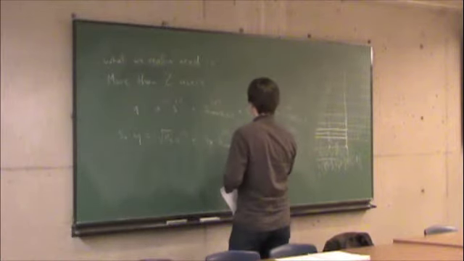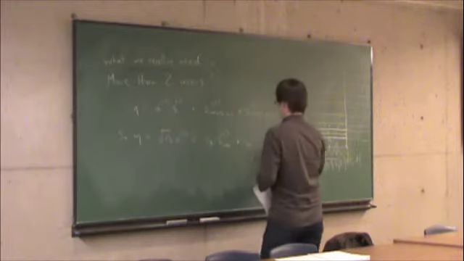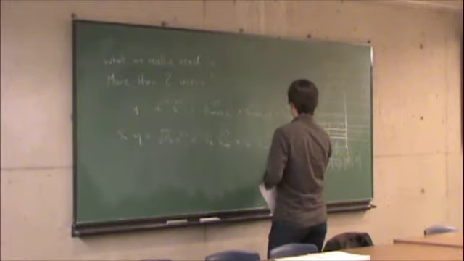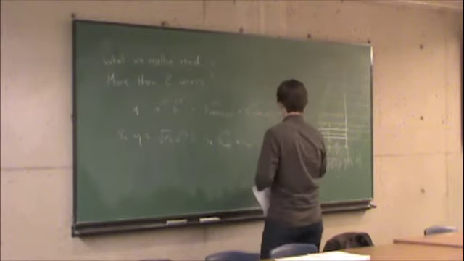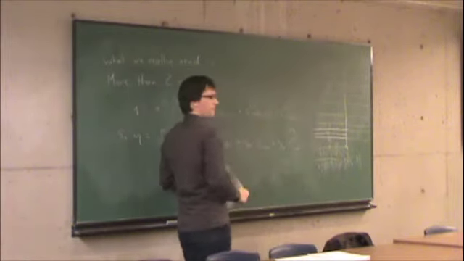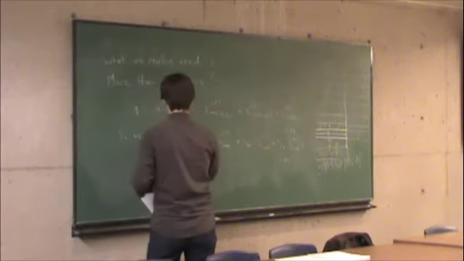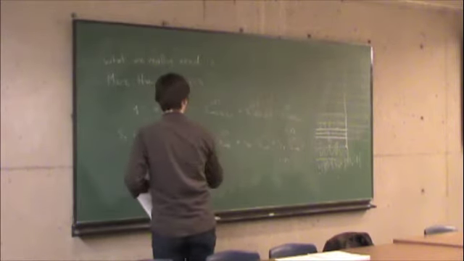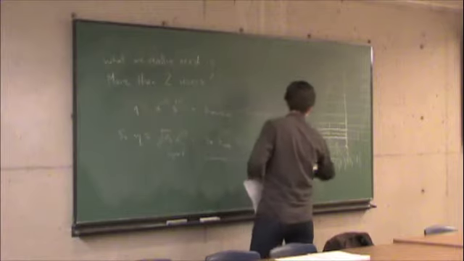Plus SX dot S3 right arrow plus SX dot S4 right arrow plus, and so on for each user, plus the noise. So this is my signal. All of this is interference plus noise.